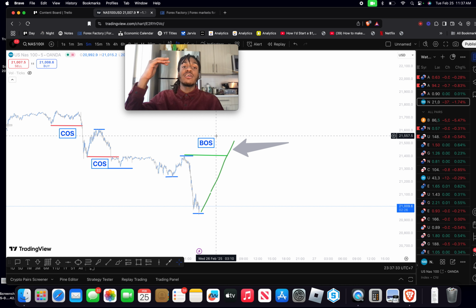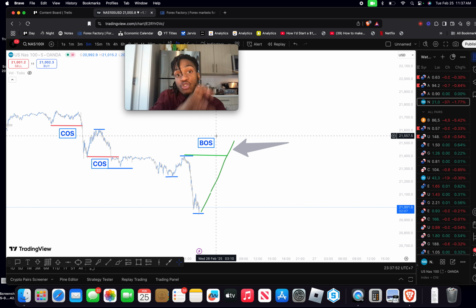Because on the higher time frame you can say, okay, my trend is bullish, but how come it's bullish on the 1 hour, but on the 5 minute it's bearish? So if you know it's bullish on the higher time frame, your job is to be patient and wait for price action to jump and break and disrupt the short-term bearish trend on the smaller time frame. You see what I'm saying? So that's what you're basically doing.